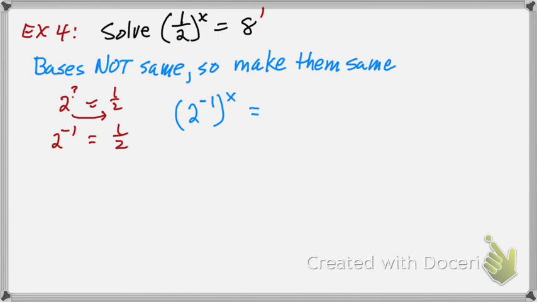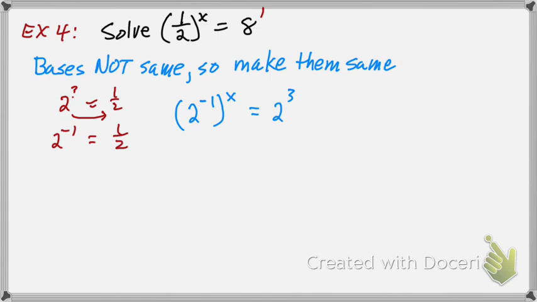My base is 2. Is 8 a power of 2? Yeah. So now my bases are the same. I'm not saying you couldn't use the approach where you make 8 some power of 1/2. You could, but I think that's going to be harder to see, just in my opinion.